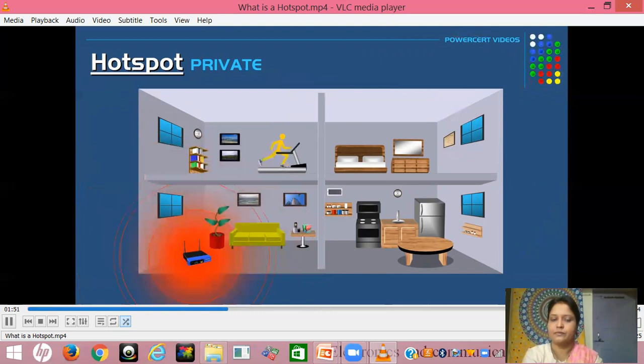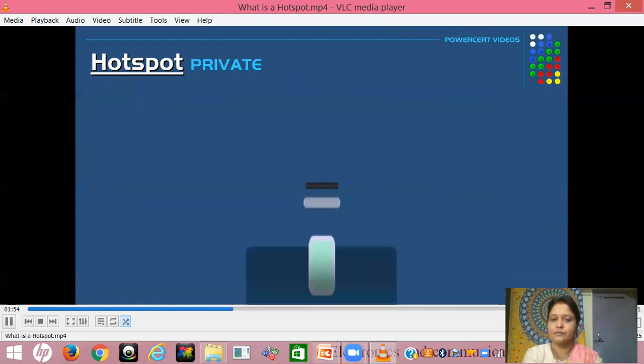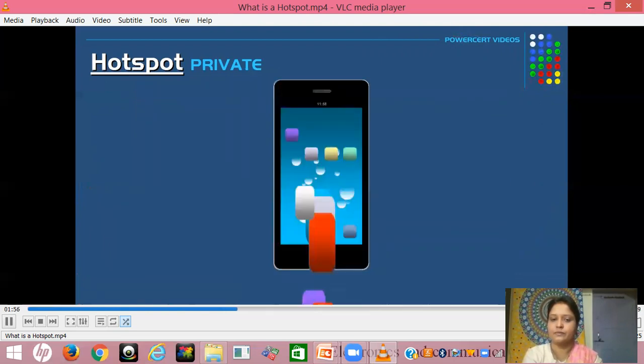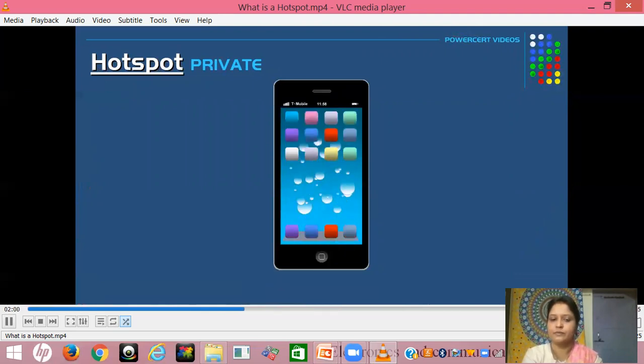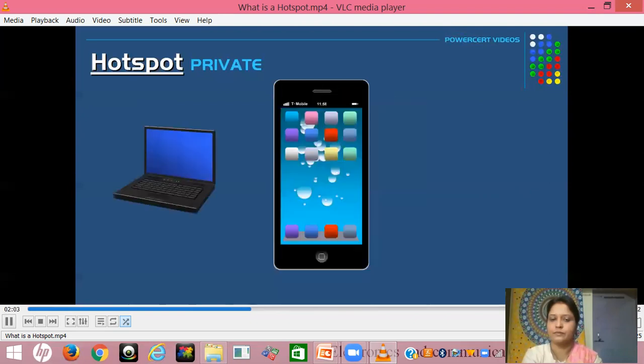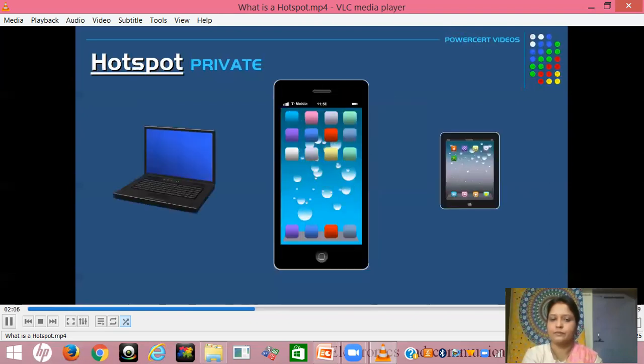And another example of a private hotspot would be tethering, which is created by your smartphone. A lot of times there might be a situation where you're away from your home and you need your laptop or your tablet to be able to access the internet. And if you're not near a public hotspot, then you can use the convenience of your smartphone to create a hotspot.